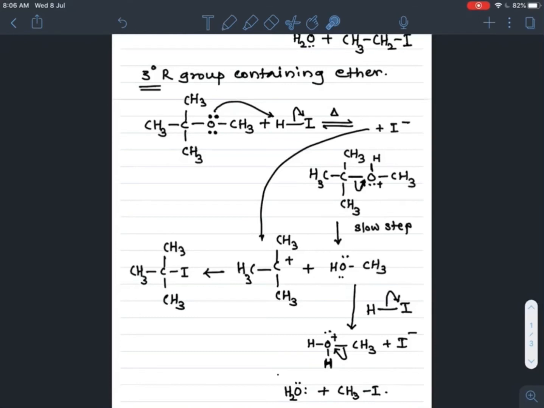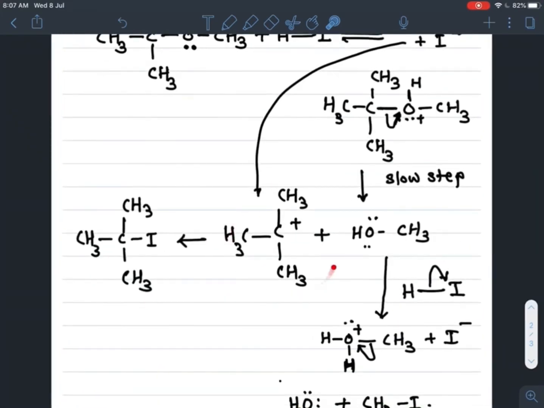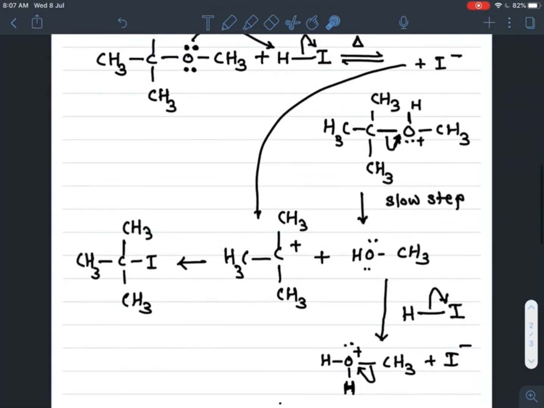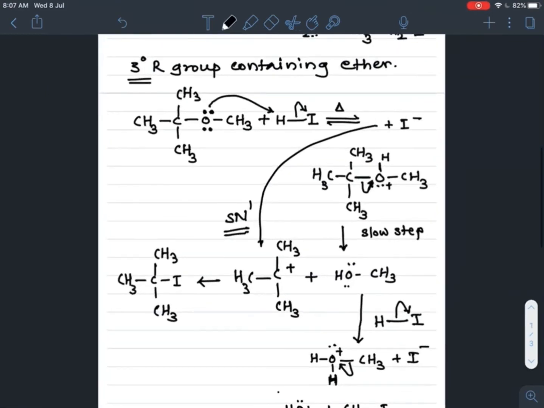So let's see, in the second step this stable tertiary carbocation is formed, and due to its stability the reaction does not depend on the I minus concentration. So the SN1 mechanism takes place in the formation of the tertiary carbocation in ether.